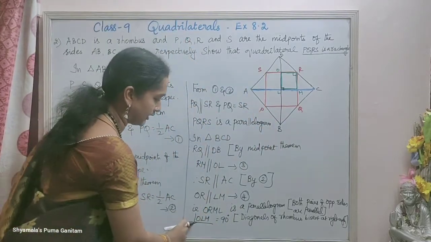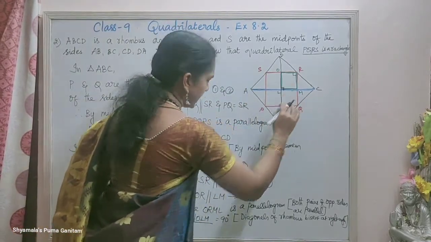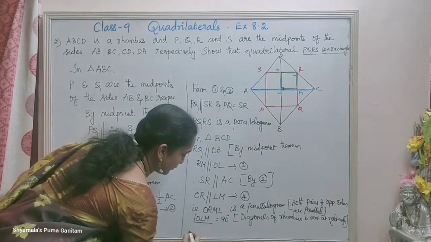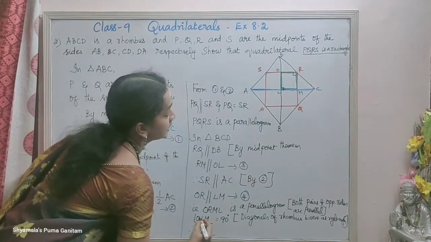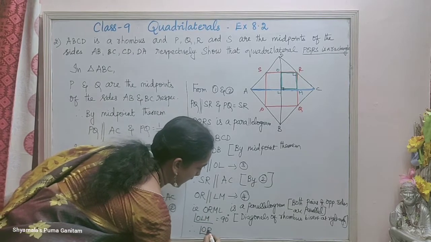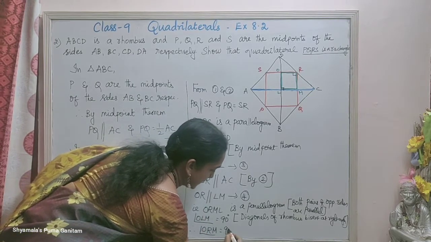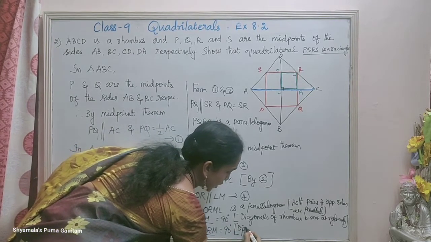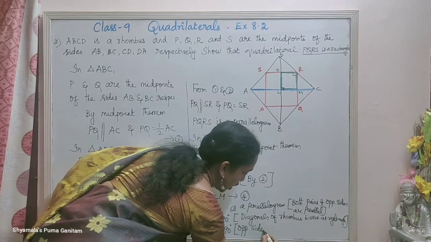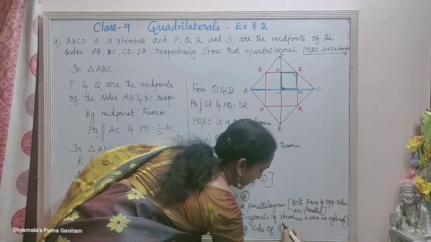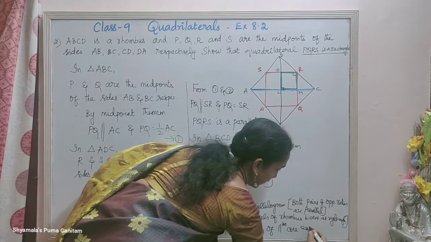So that we have to write. Angle OLM is equal to 90 degrees. Therefore, angle ORM is equal to 90 degrees, since opposite angles of a parallelogram are equal.